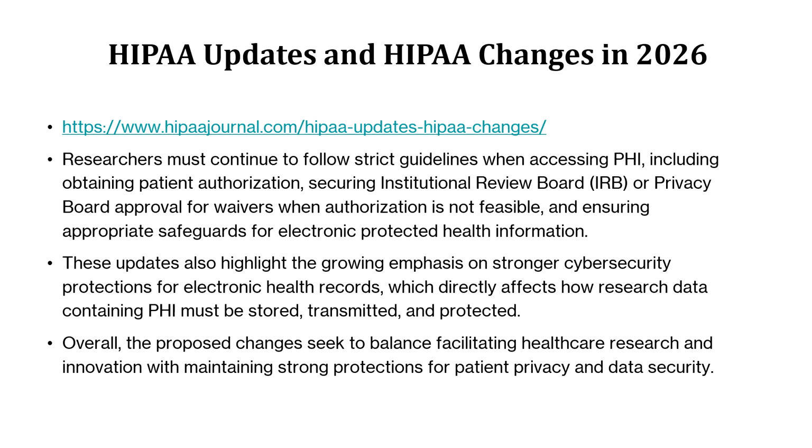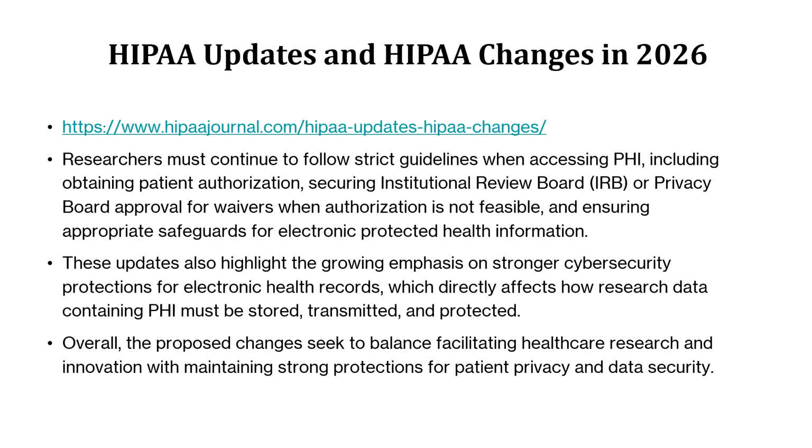Researchers must continue to follow strict guidelines when accessing PHI, including obtaining patient authorization, securing Institutional Review Board (IRB) or Privacy Board approval for waivers when authorization is not feasible, and ensuring appropriate safeguards for electronic protected health information.